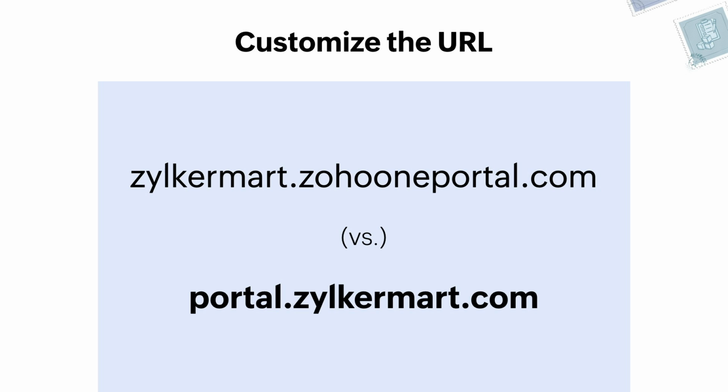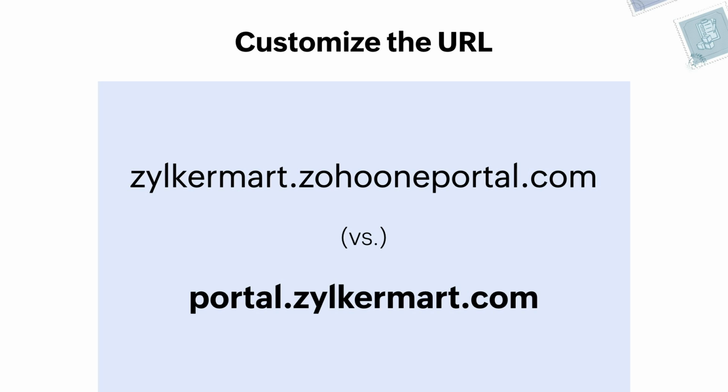So next comes the customization part. A lot of products offer customization as part of their customer portal, and we have a set of customizations planned for the unified customer portal. The first customization is, once you sign up for a customer portal, a random URL will be generated for your portal.